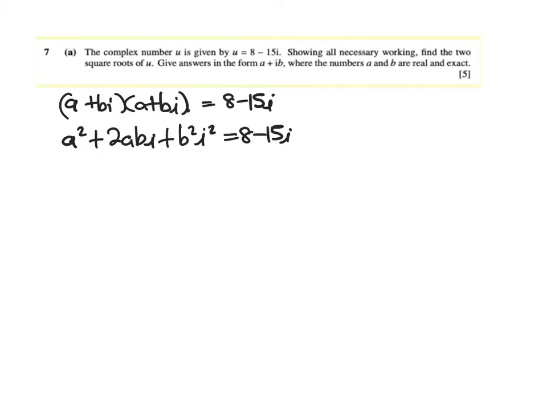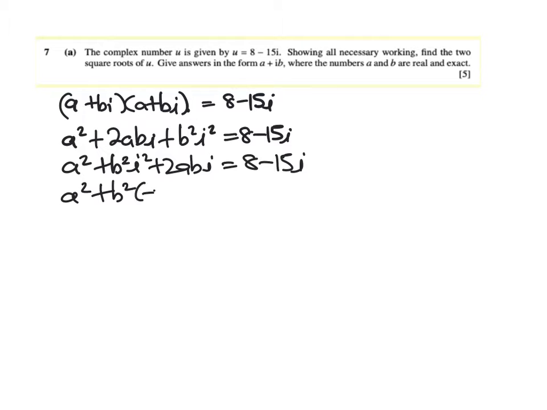So I have a square plus b square i square plus 2abi equals 8 minus 15i, and I know i square equals -1, so a square plus b square times -1 plus 2abi equals 8 minus 15i.